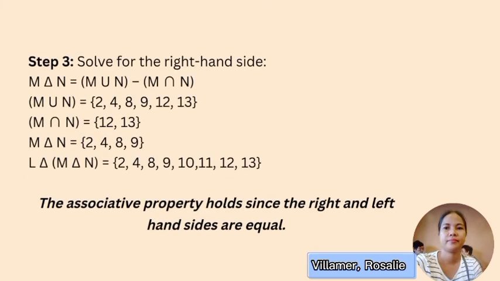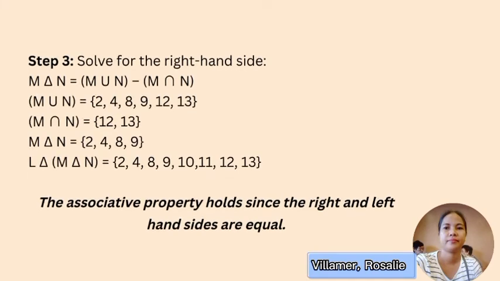In step 3, solve for the right hand side. The symmetric difference of L, M with respect to N is equal to the union of L minus M and intersecting N. M union N is equal to the set of elements 2, 4, 8, 9, 12, and 13.